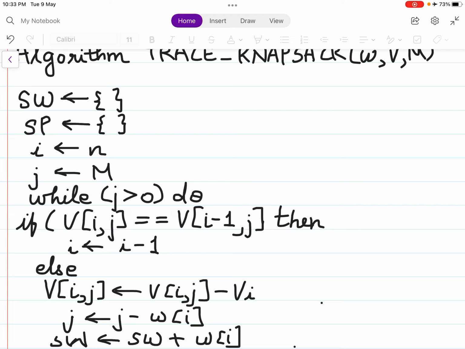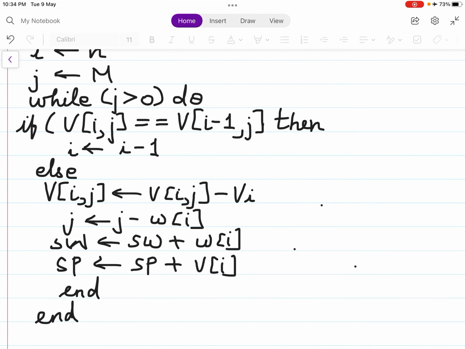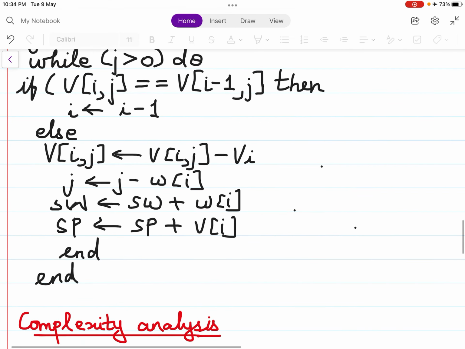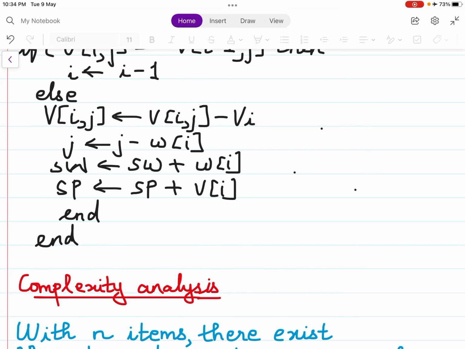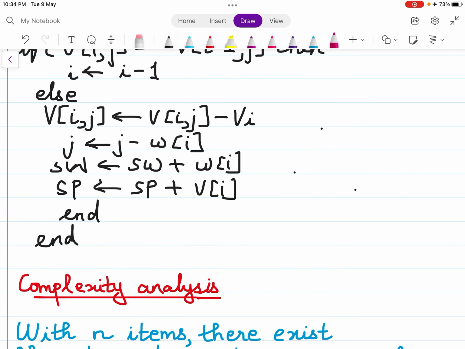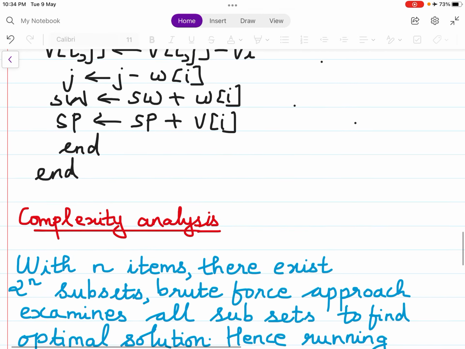Else V of i, j minus v of i will be V of i, j, j minus w i will be j, SW plus w i will be SW, and SP plus v i will be SP. So this is the algorithm. More clear understanding will come when we solve the problem in the next video.